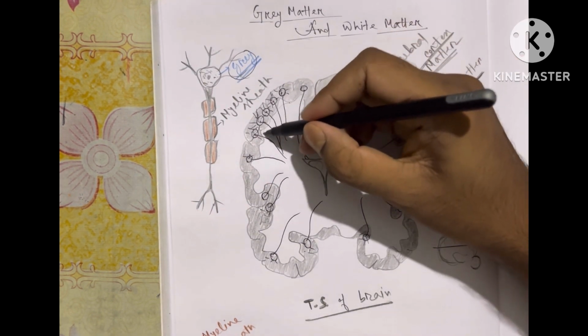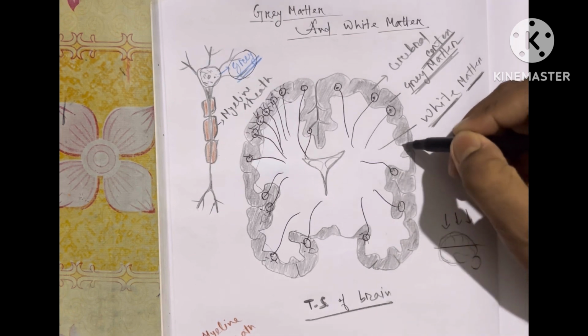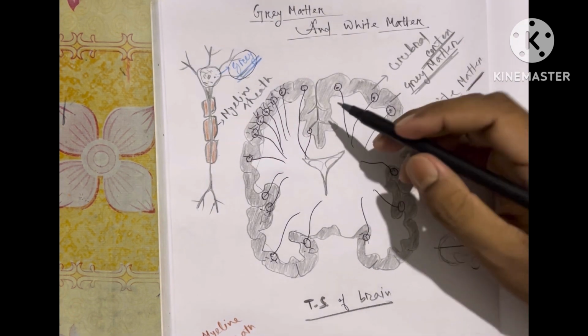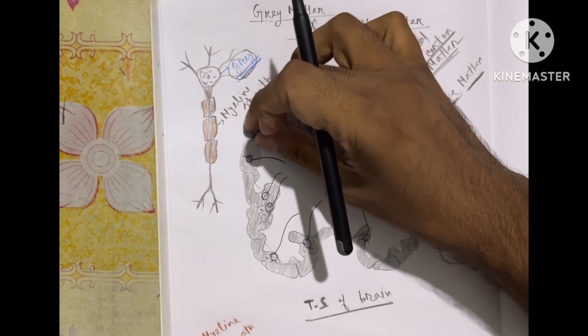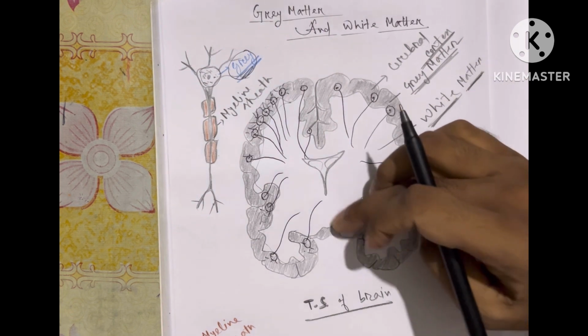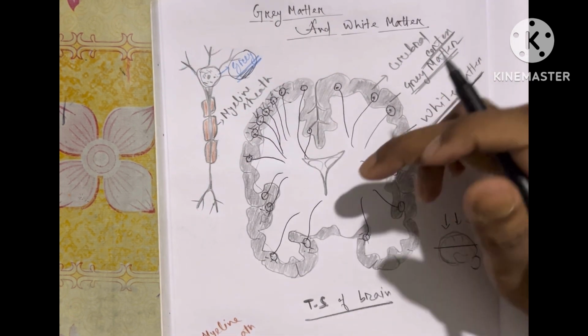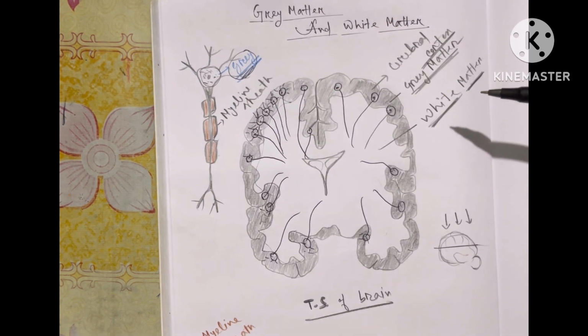Means all the highlighted parts, in that part our neuronal cell bodies are present, and neuronal cell bodies are green color. So as lots of small cell bodies are present in the periphery or in the cortex part of our cerebrum, that's why our cortex looks like green color.